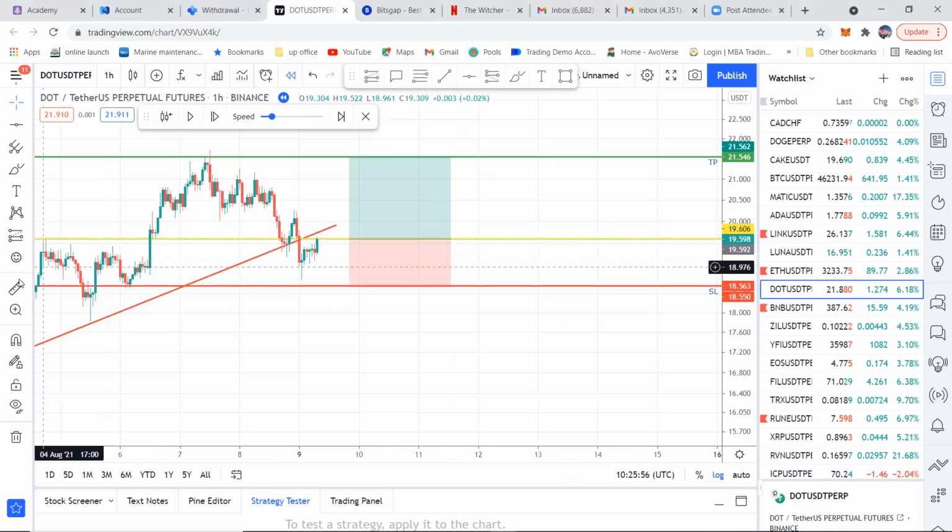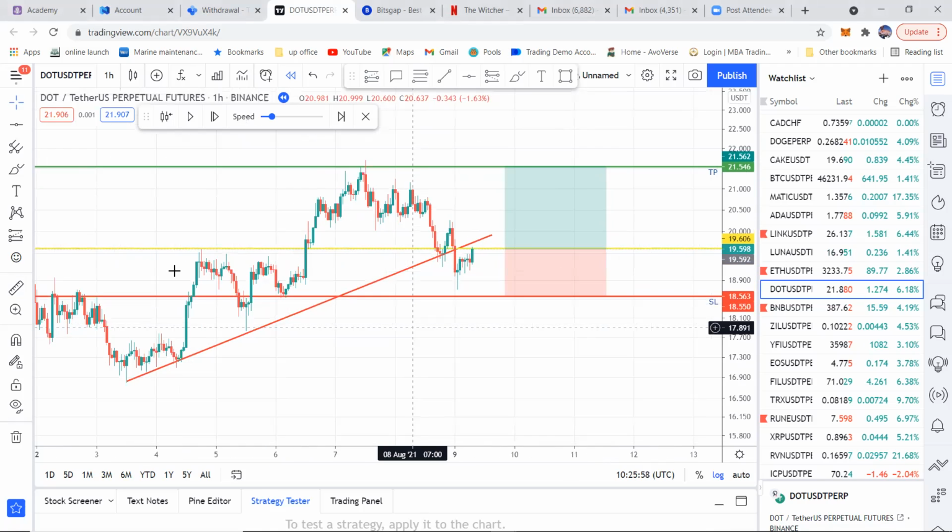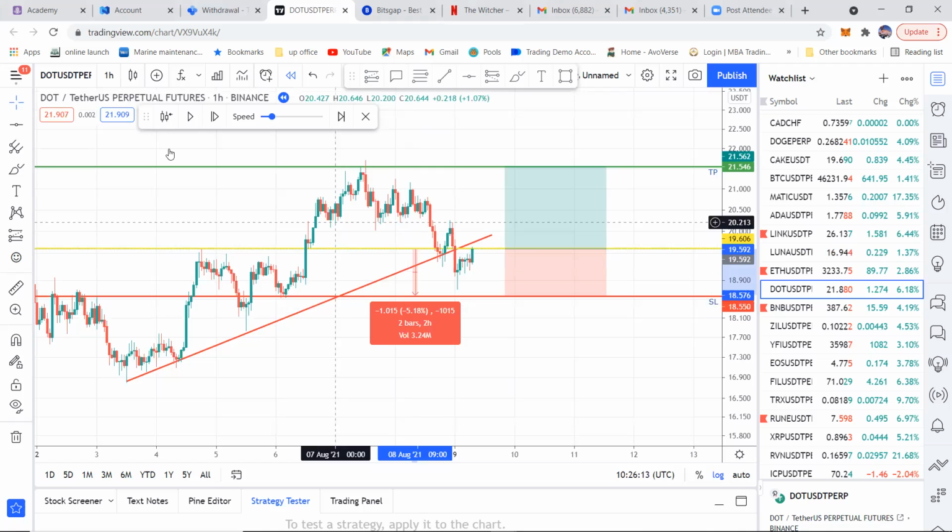So what we can do also is we have this little ruler drawing instrument here. If we highlight that, put it on our trade line and click, and then drag down to where our stop loss is, you'll see that the value of this particular token, which is DOT, if it moved from the yellow line down to my stop loss, would have moved 5.18, it would have lost 5.18% of its value.